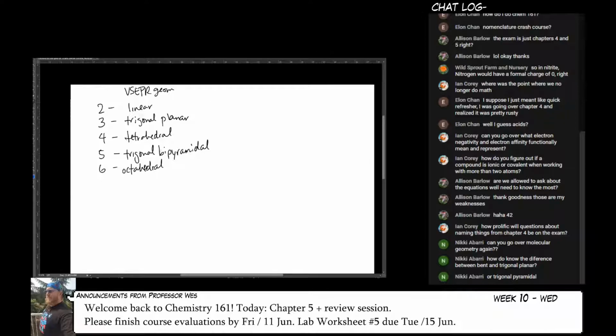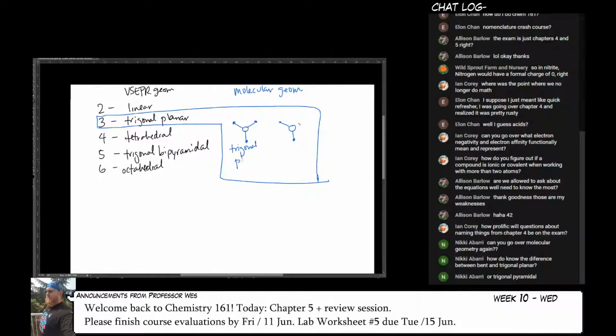So that's VSEPR geometry. Molecular geometry will take one of these and look at possibilities for if my central atom has atoms bonded to it, or if some of those get separated out to become electron pairs. So this would be trigonal planar, but this is bent, because I have a double bond there.